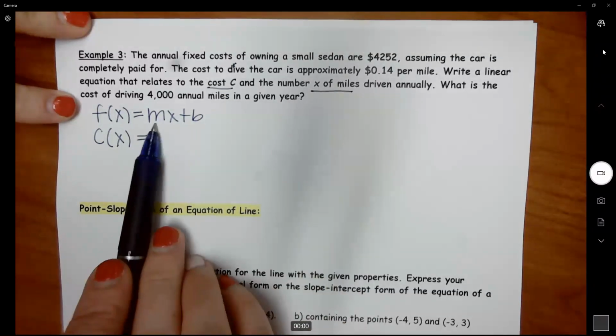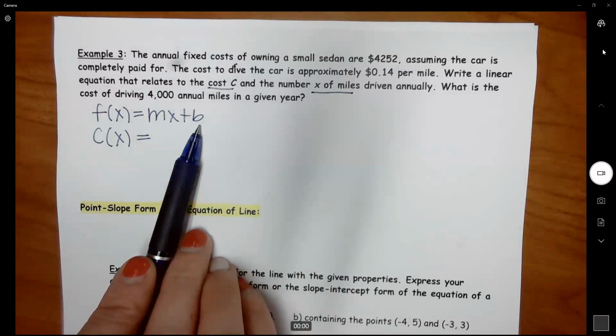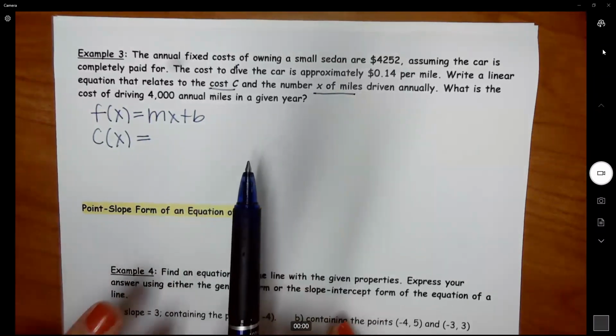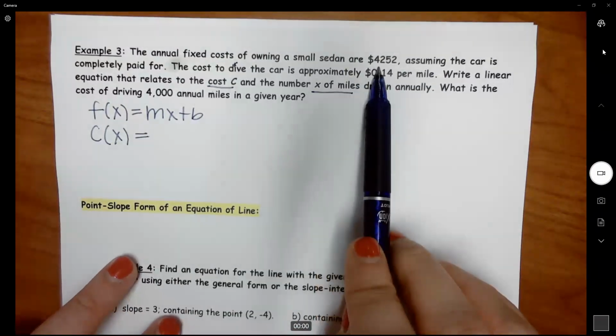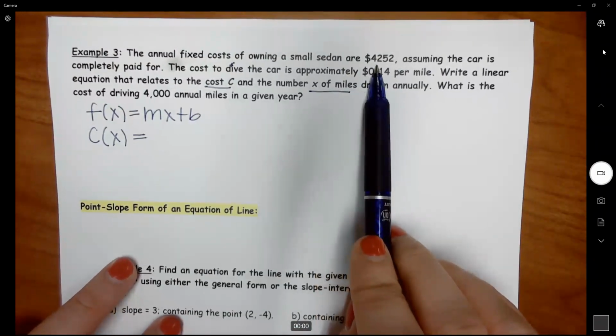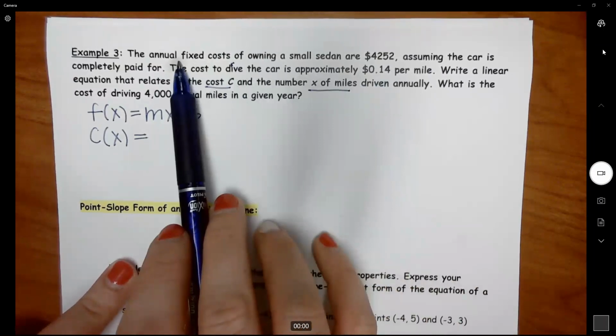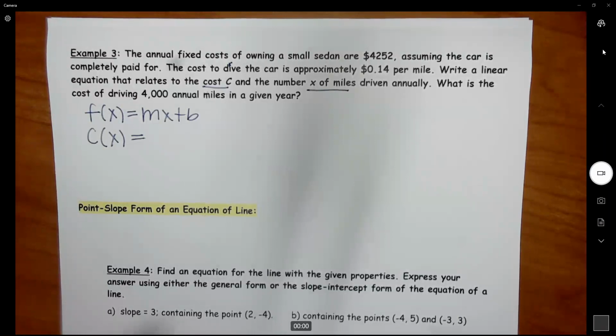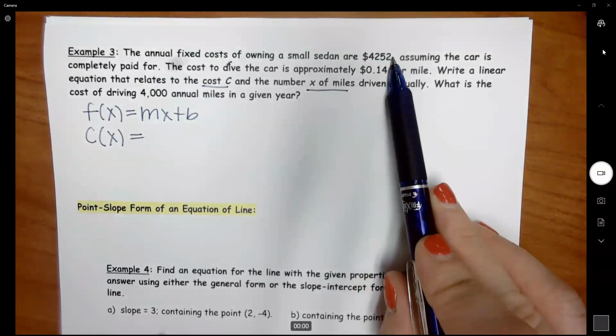And then it equals my mx plus b. Okay. Well, we have two numbers that they gave us. We have 4,252. So I'm guessing these annual costs are like your tire rotations, your oil change, getting new windshield wipers. Okay, that's how much it's going to cost us a year.